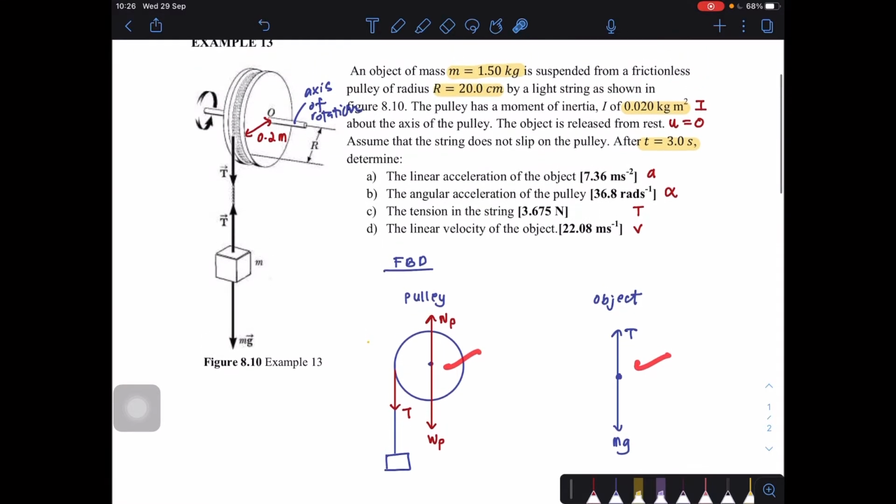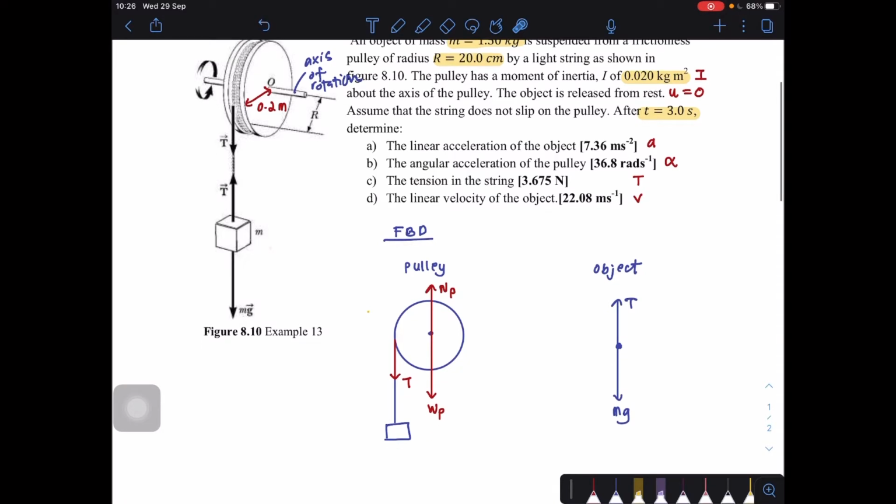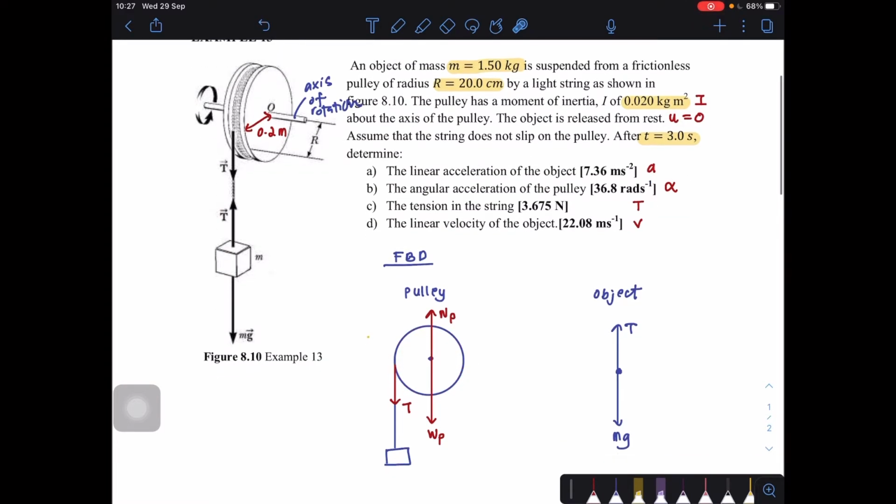So next thing we need to do is we need to identify the direction of the acceleration. Okay, untuk pulley, since dia akan rotate kan, kalau dia rotate, maksudnya dekat sini kita akan gunakan angular acceleration, which is alpha. So di dalam diagram kita sudah dibagi direction. So it will rotate like this.